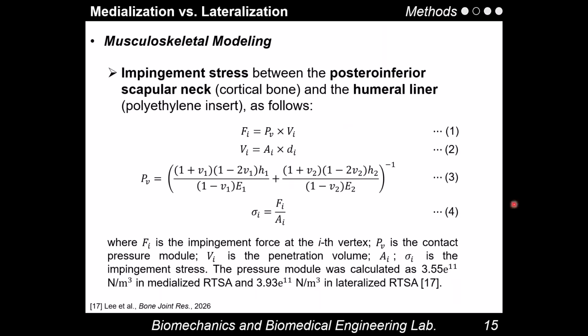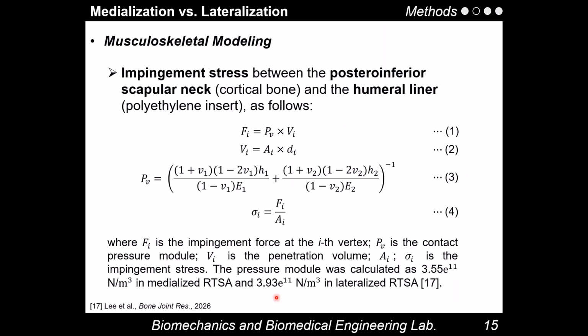The pressure module, as shown in equation 3, is the core parameter for implementing this method. In this study, we defined a pressure module of 3.55 times 10 to the 11th Newton per cubic meter for the medialized RTSA model, and 3.93 times 10 to the 11th Newton per cubic meter for the lateralized RTSA model.